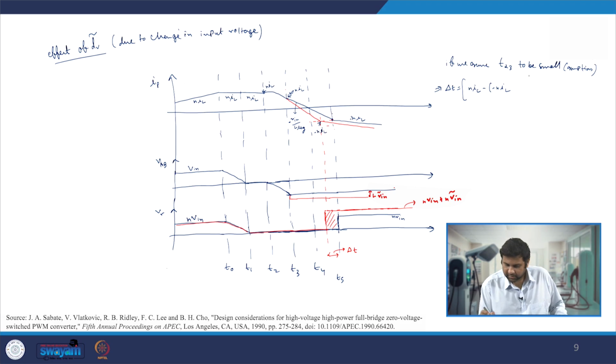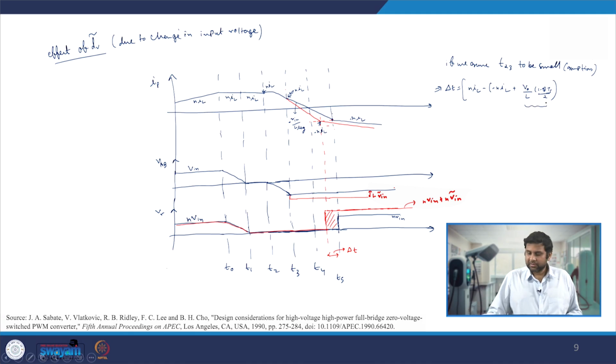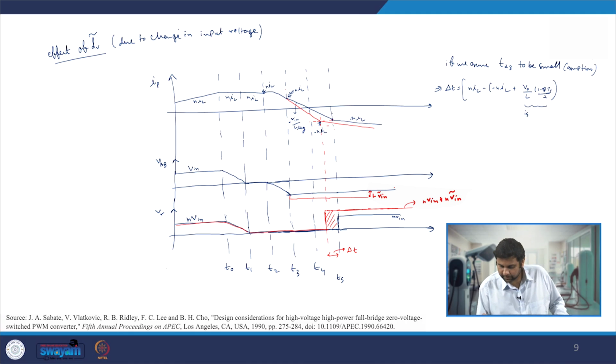So this is also minus NIL, and plus there is this ripple which gets ended up, and then again it is going up. So we can write V naught by L, 1 minus D, Ts by 2.